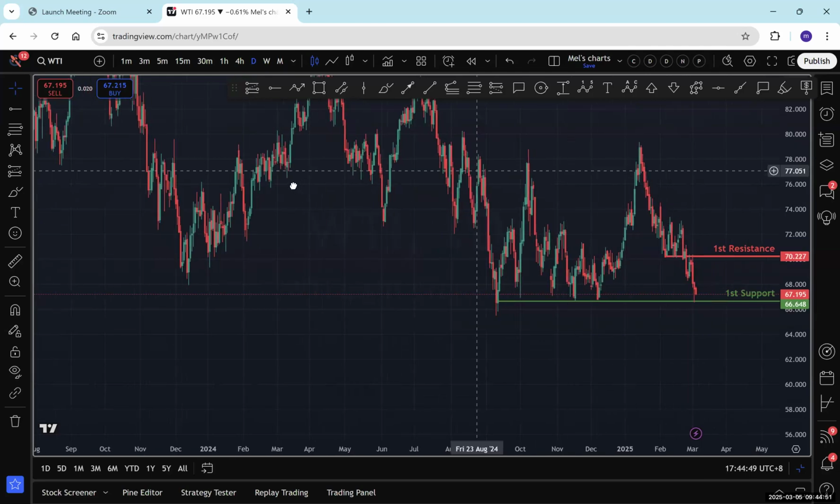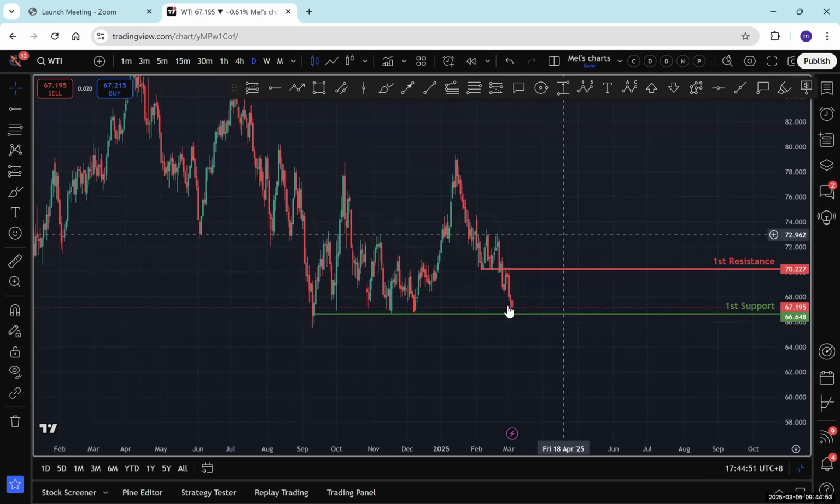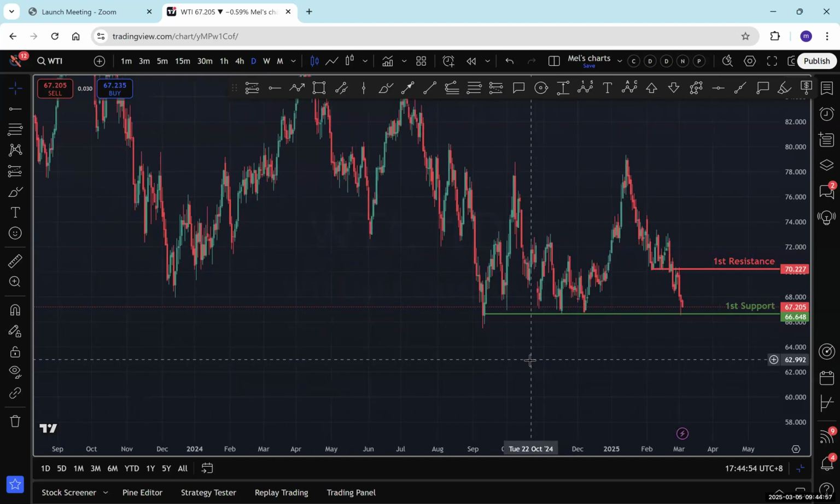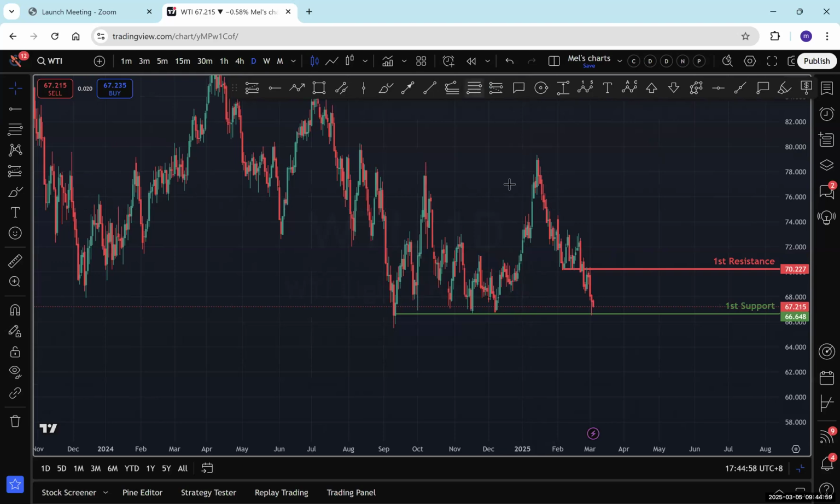Okay. Next, because there aren't any lower levels here that I can see, I'm gonna go in with my Fibonacci levels.